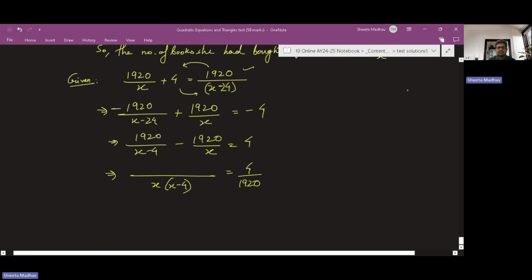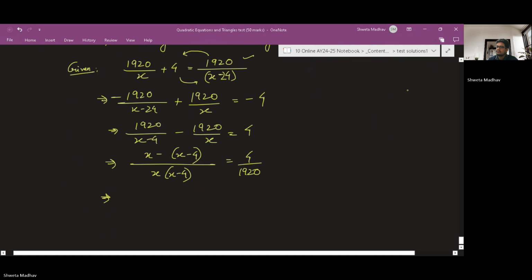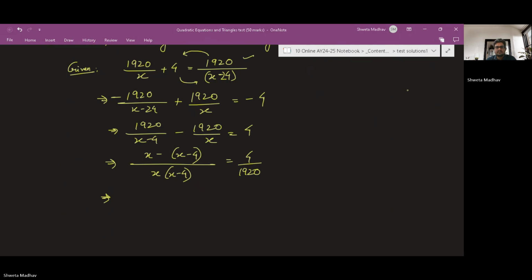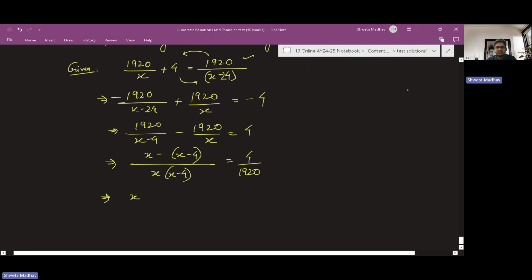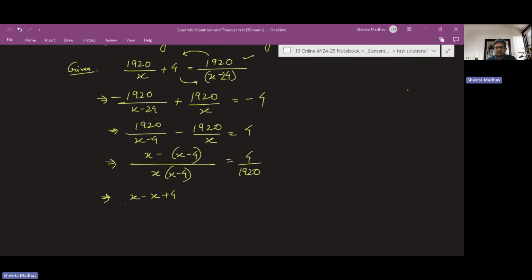So then here it will be x minus of x minus 4, so then this will be x minus x plus 4. That will be equal to x into x minus 4. It will be equal to 4 by 1920.